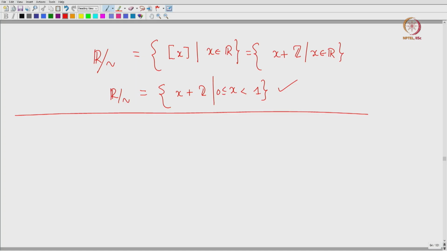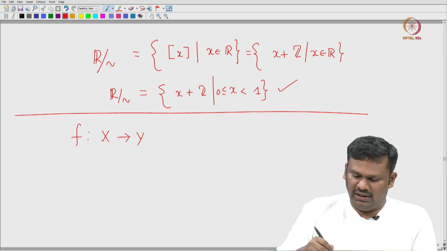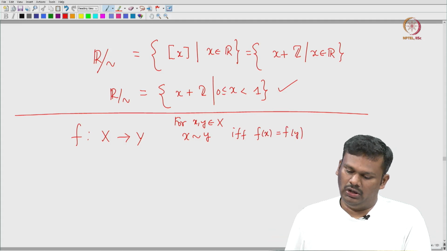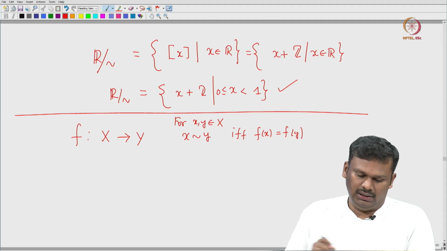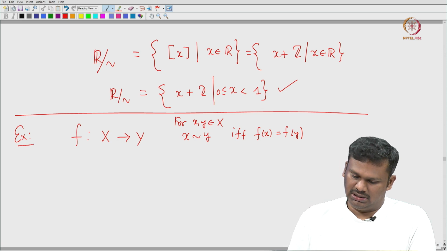Okay. So, one can fix a map f from X to Y, and then one can define a relation, x related to y for x and y coming from capital X, if and only if they take the same image. Okay. So, the same value in the image, f of x equal to f of y, and it is easy to verify this is indeed an equivalence relation.